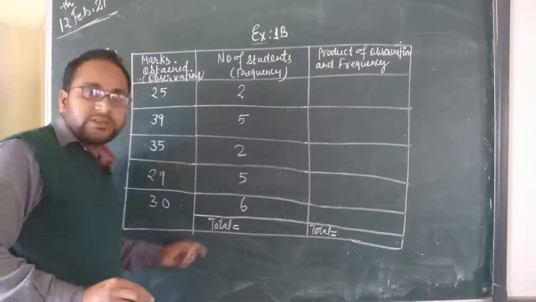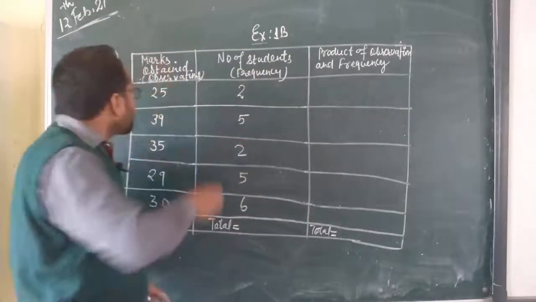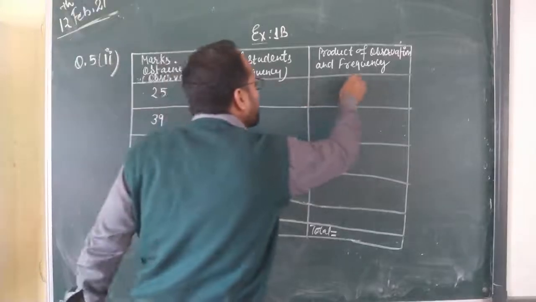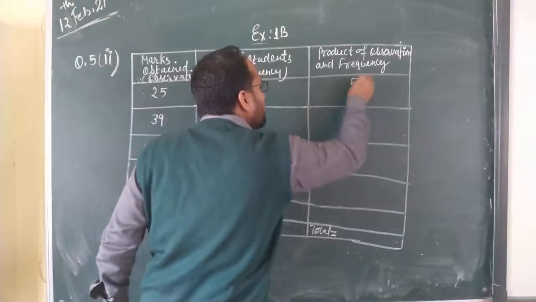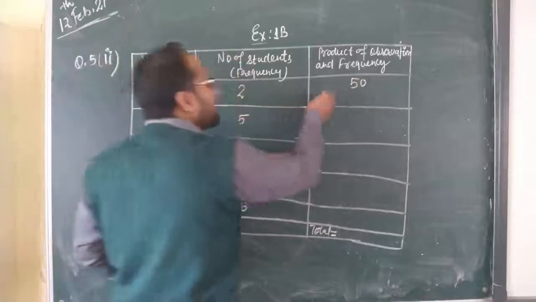Now you will see, students, 25 multiplied by 2 gives 50. From where do you get this 50? 25 multiplied by 2.